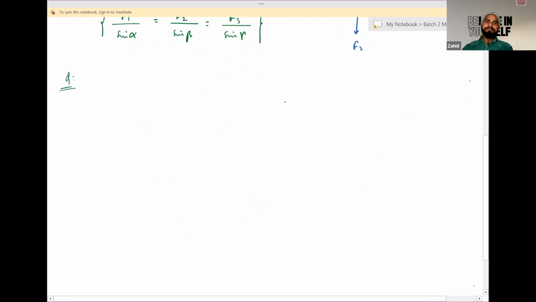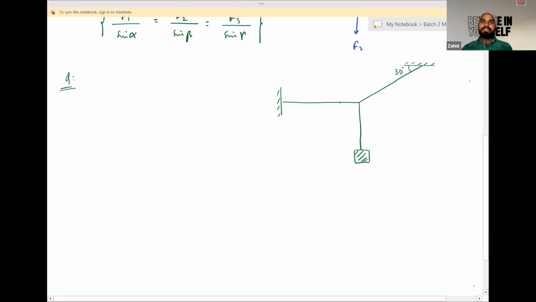Suppose there will be a question, a string along this side, another along this side, and there is a mass attached with this. Inclination at this point is 30 degree.